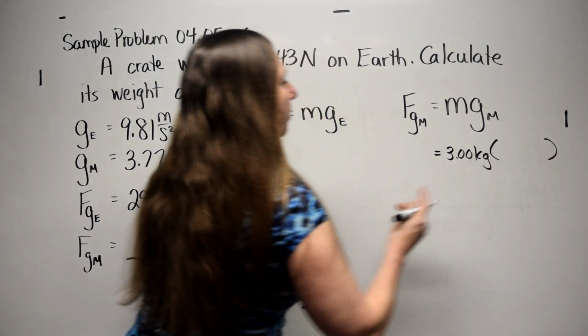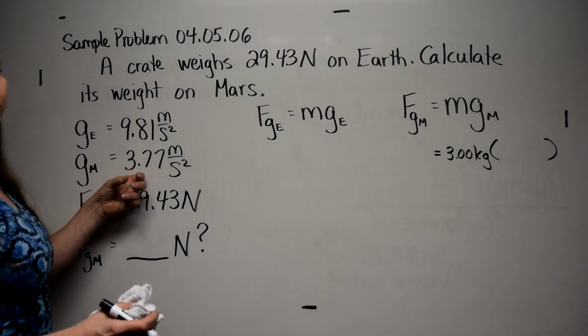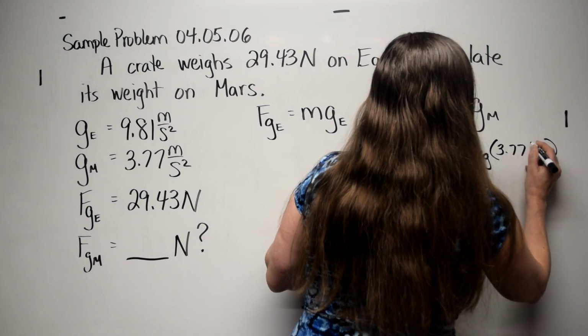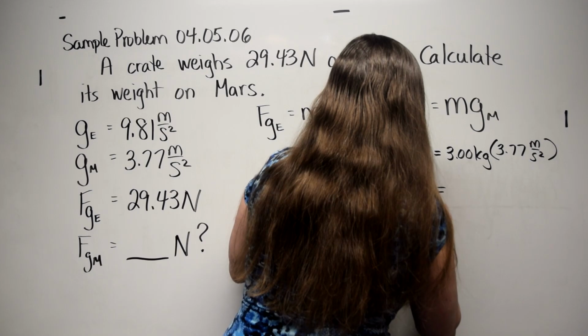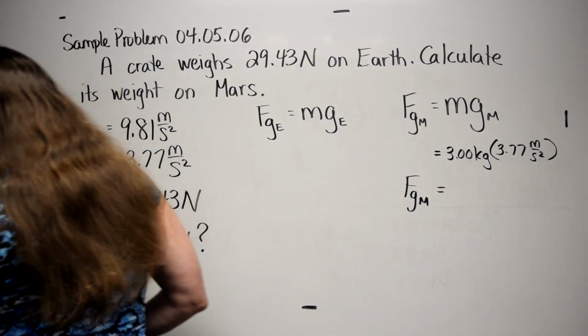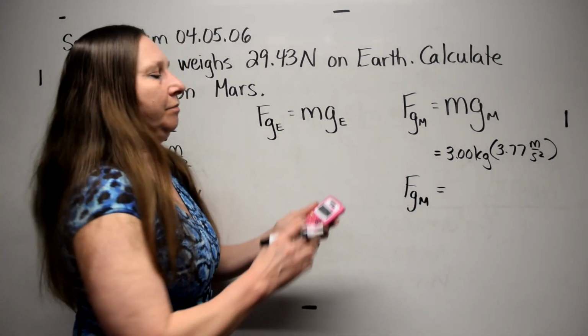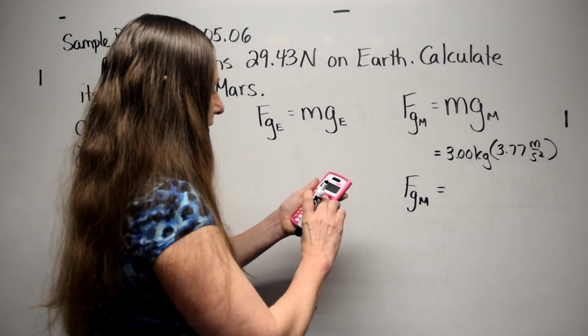All right, we look up the acceleration due to gravity on Mars, 3.77 meters per second squared, and we get that the weight of the object on Mars, well, obviously it's going to be less because the acceleration due to gravity for Mars is less than for Earth.